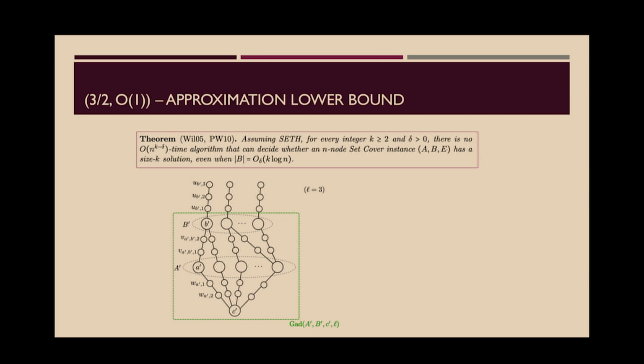Okay, so this will be our hardness hypothesis, and now we're going to construct this graph gadget to represent set cover. So this will be our sets A and B from the set cover problem. And now we're going to replace the edges between A and B with paths of length L, where L is that thing that we want to be able to scale.